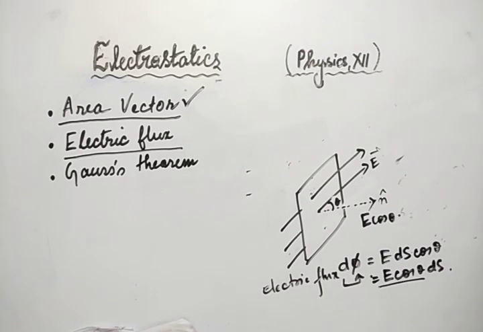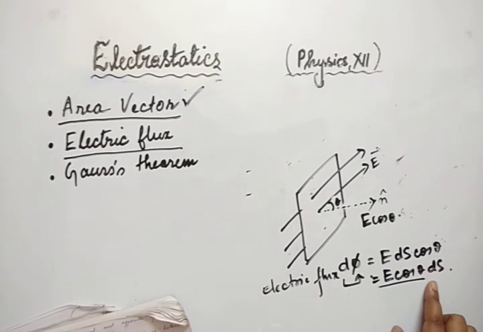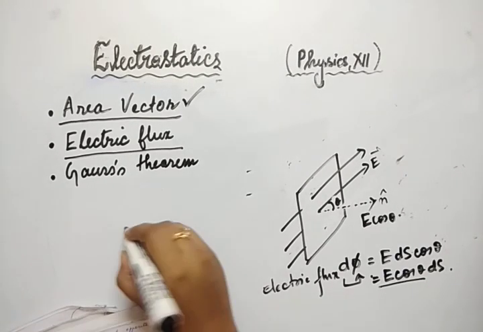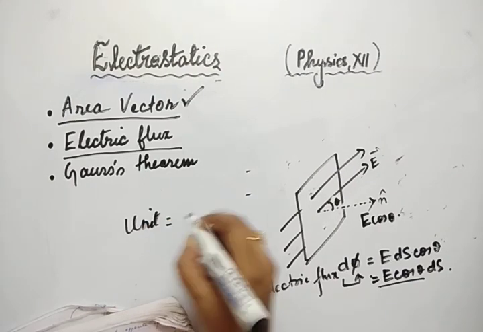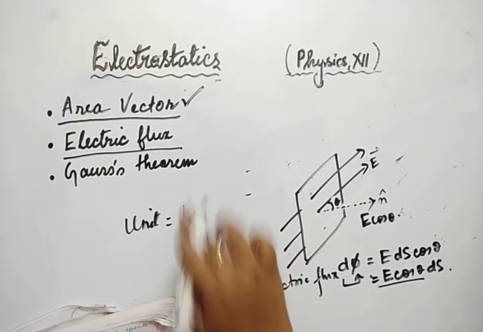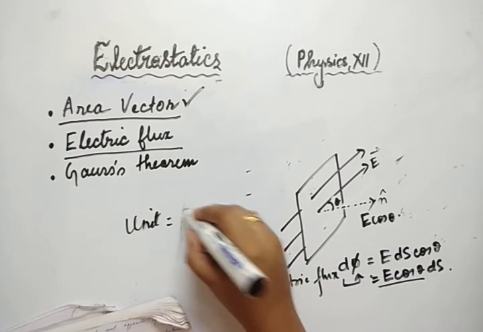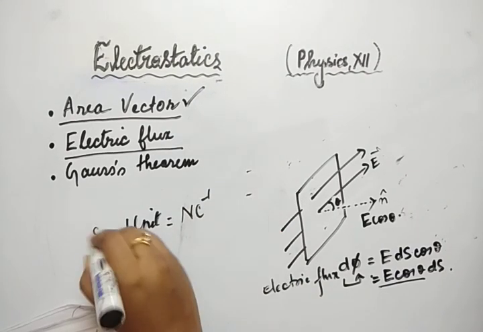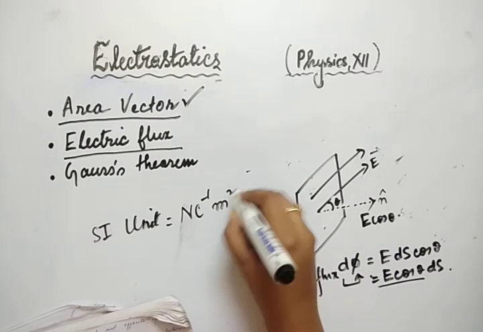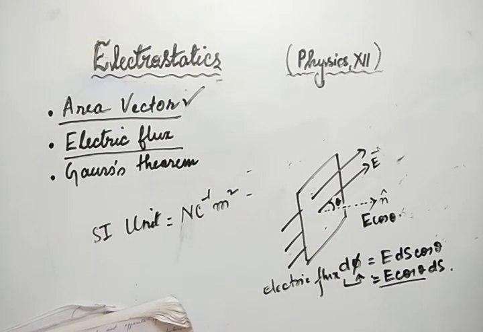Now, what is the unit of electric flux? It is the product of electric field and area. So its unit is Newton per Coulomb, the unit of electric field, into meter square, the unit of area.